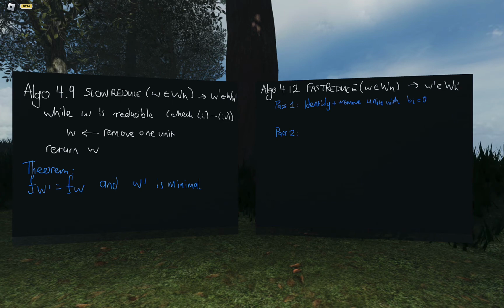In pass 2, which is a little bit more complicated, we identify and merge units that have shared incoming weights and biases. Or I guess I'm going to put an absolute value here to represent that we're looking for either these vectors are equal or they're negated.